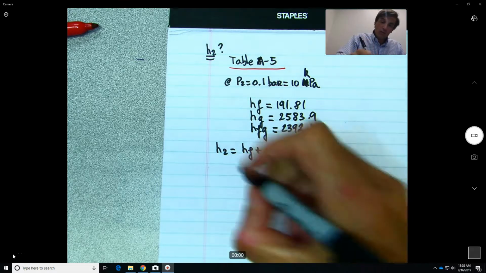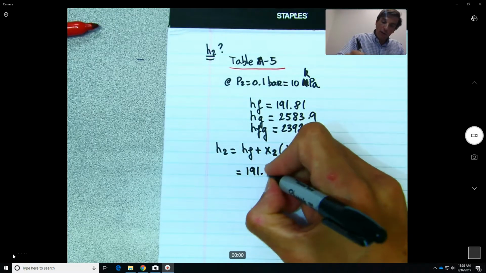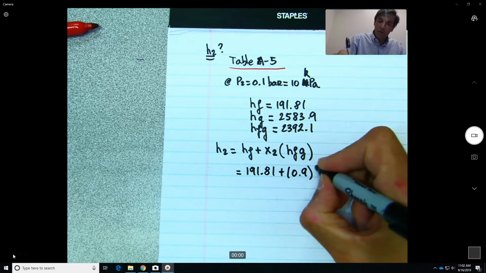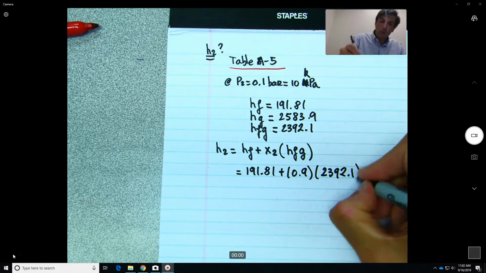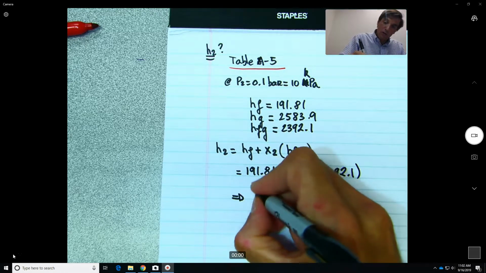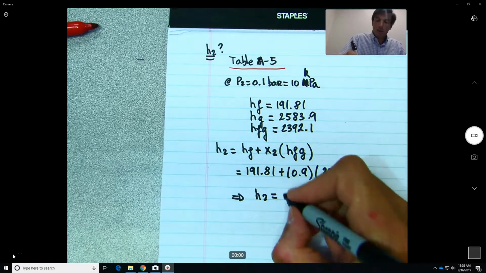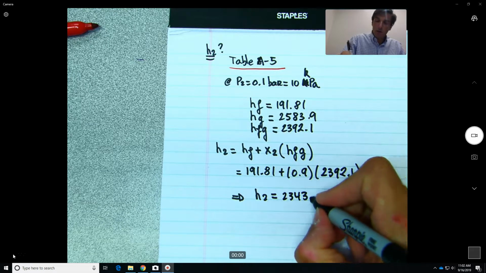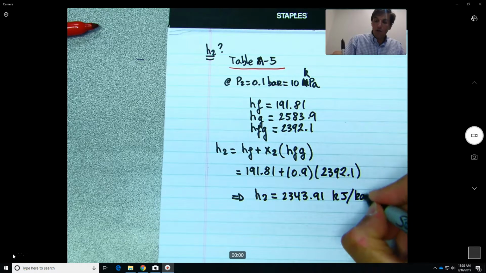So this is going to give us 191.81 plus 0.9 times 2392.1, which gives a value of H2 equal to 2343.91 kilojoules per kilogram.